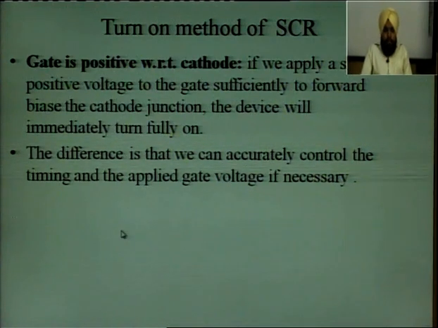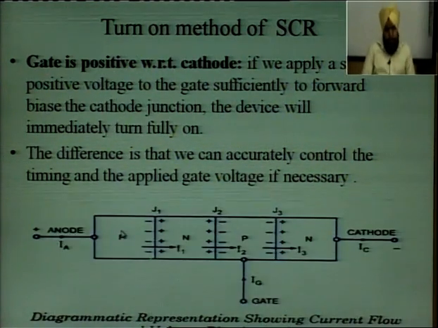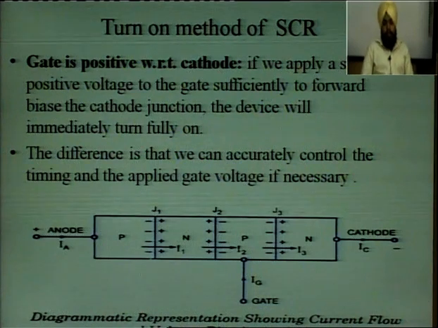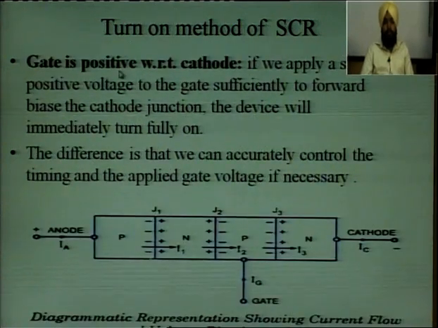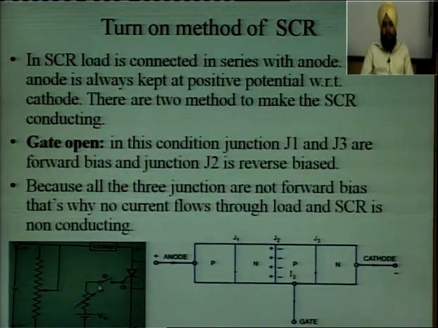So, next is gate positive with respect to cathode. Now, the second case is gate positive with respect to cathode. When we close this switch, positive current will start flowing from the battery to the gate terminal.